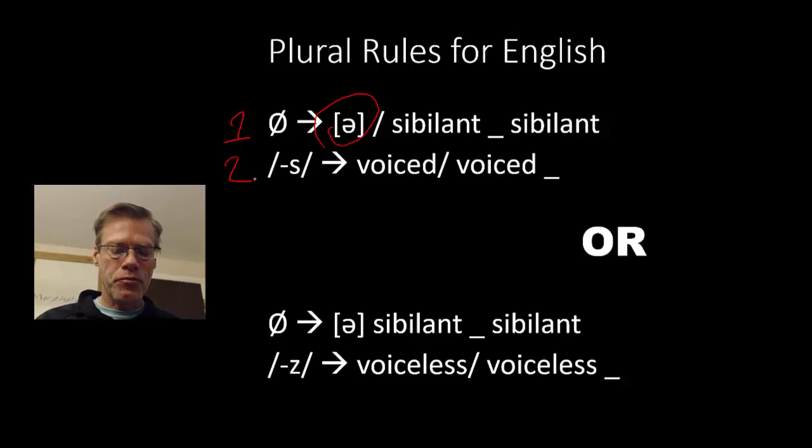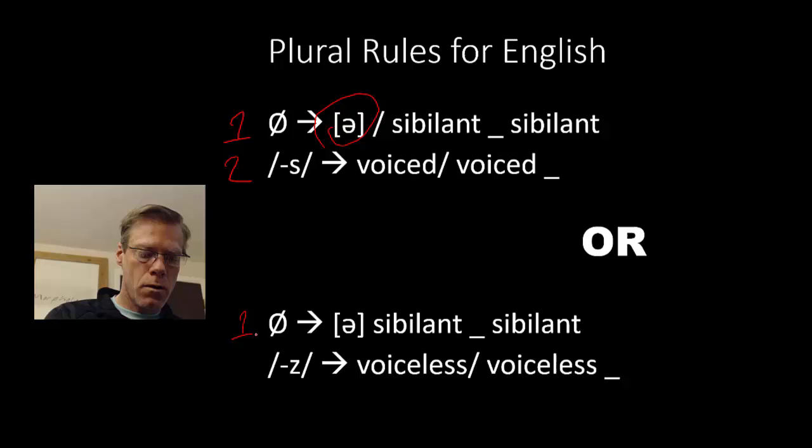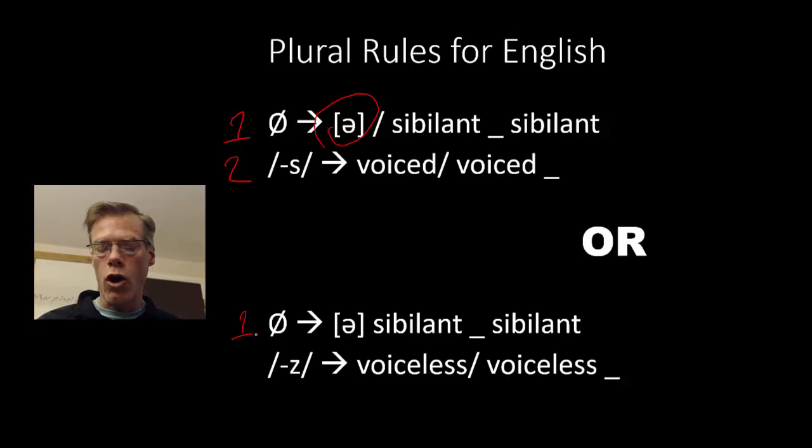Okay, now, the other possibility is that our underlying representation is z. In this case, we're going to have the same phonological rule, we'll call that one one, that inserts a schwa between two sibilants.